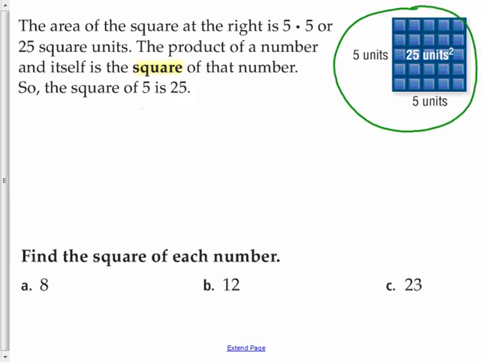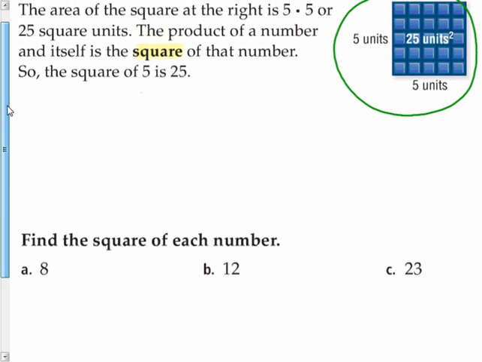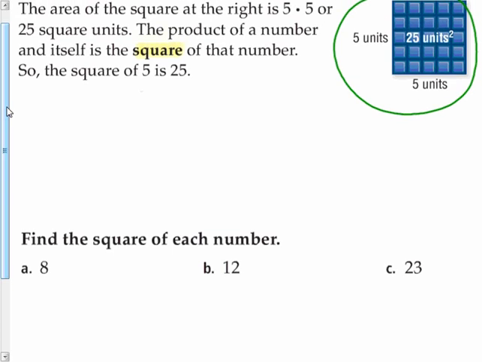We can find the square of any number. A few examples are down here at the bottom of this page. For example, what would be the square of 8? If I take a square that is 8 by 8, what's its area? Area equals length times width, so 8 times 8 is 64. 8 squared is 64.